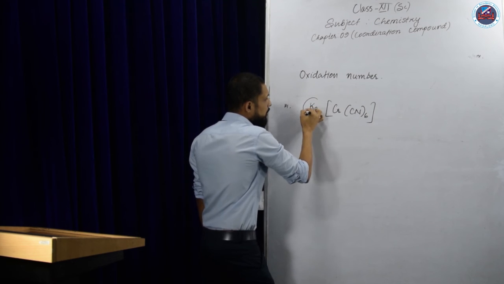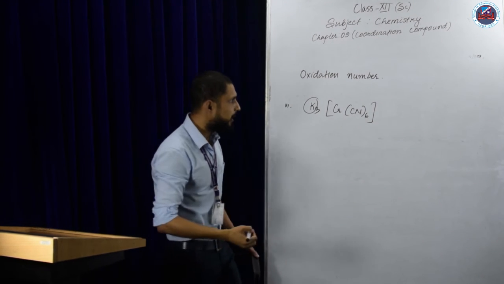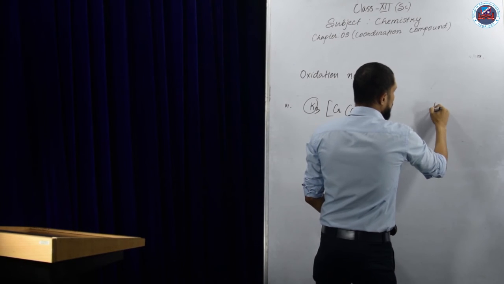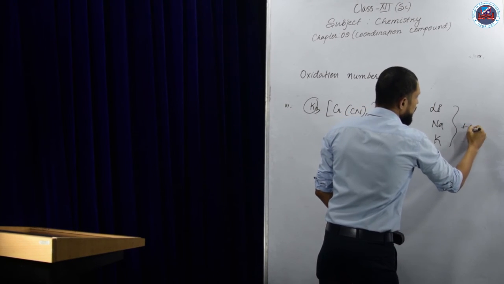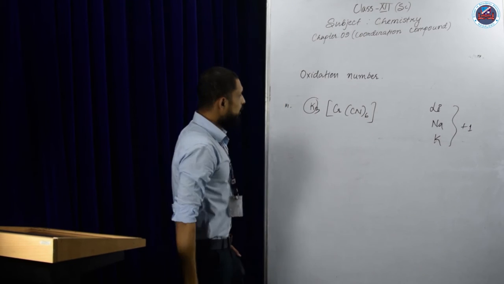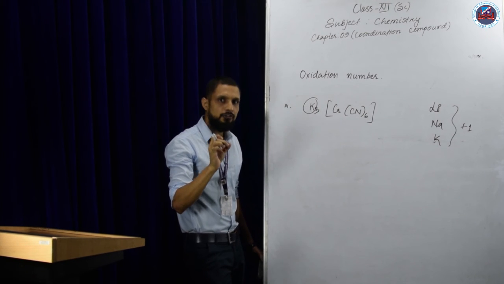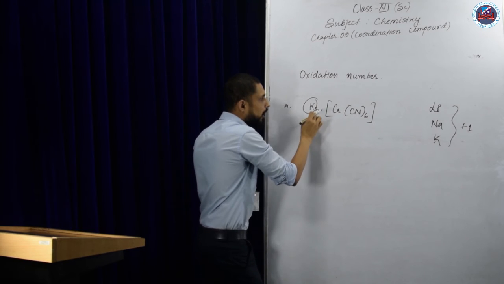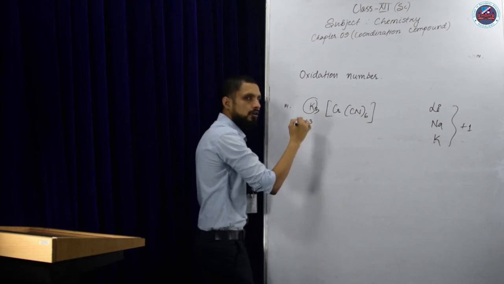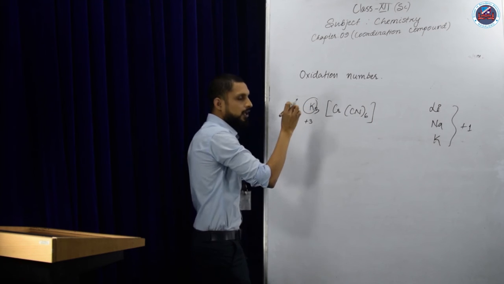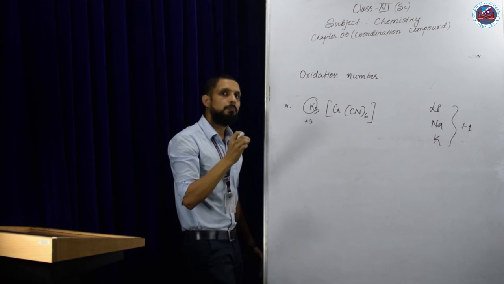Now K3, we know K is potassium. Potassium is a group 1 element, and the charge carried by a group 1 element is +1. So each potassium will carry 1 positive charge. You have 3 potassium, so the total positive charge carried by the counter ion is +3.